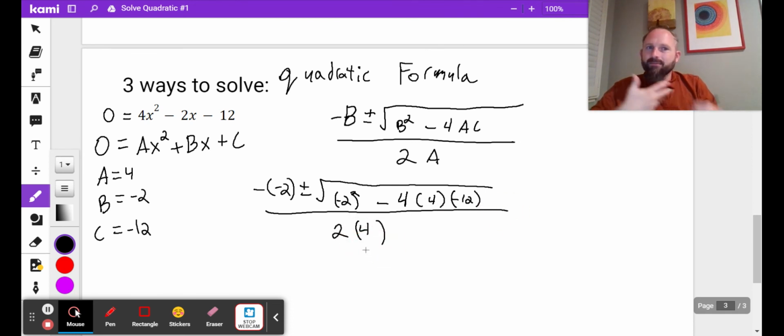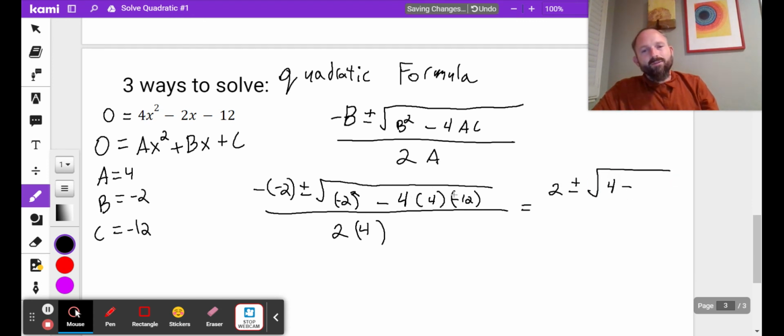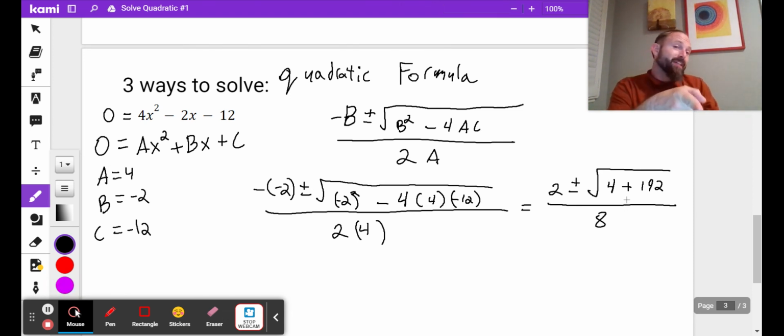Now I can simplify a little bit. I'm going to make this equal to positive 2 plus or minus the square root of 4 minus 4 times 4, which is 16. 16 times 12 is, I'm going to have to pause and use a calculator. Oh, it's plus 192 because a negative times a negative is positive.